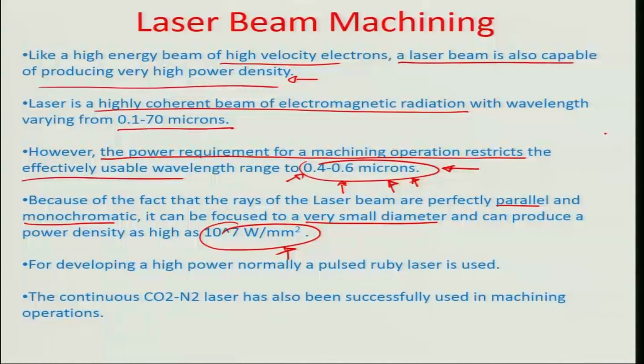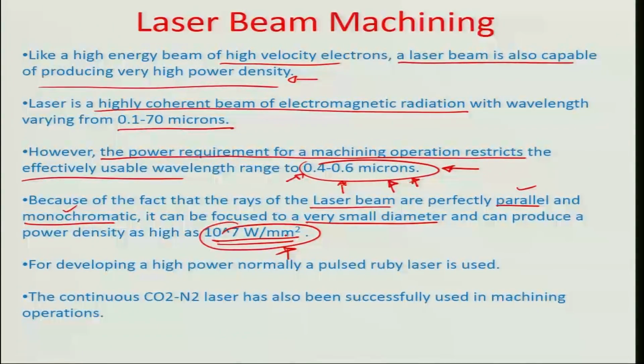As we have already studied, lasers are perfectly parallel and perfectly monochromatic in nature, and the power densities that can be hit by such lasers are typically in the range of about 10 to the power of 7 watt per millimeter square.